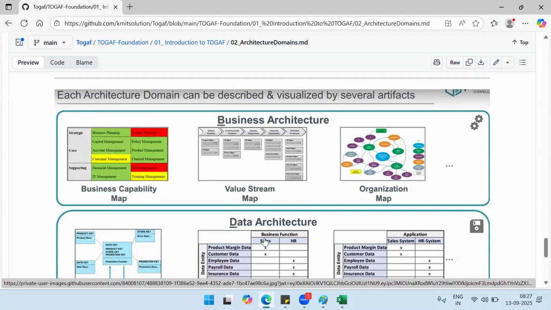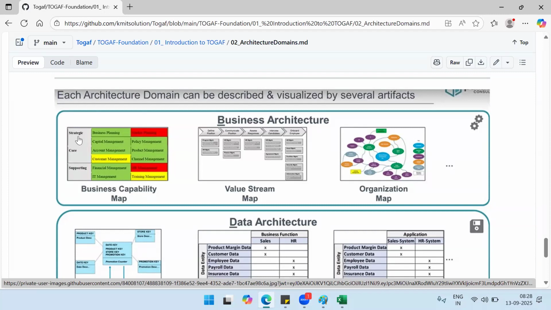For instance, the business architecture can be described within a business capability map, which defines what the business does, what the value stream map is, and what the organization map is, which shows the main organizational units and the partners. So this is basically the business architecture.